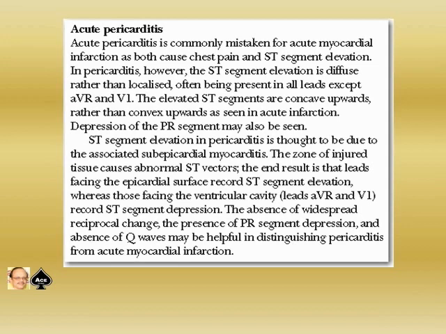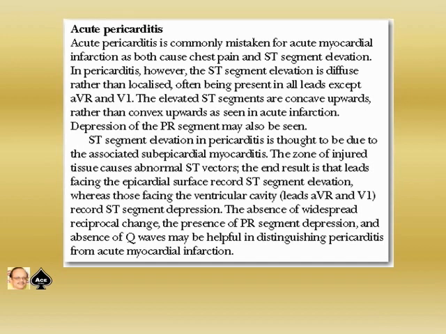ST segment elevation in pericarditis is thought to be due to the associated subepicardial myocarditis. The zone of injured tissue causes abnormal ST vectors, and the end result is that leads facing the epicardial surface record ST segment elevation, whereas those facing the ventricular cavity, that is leads AVR and V1, record ST segment depression.